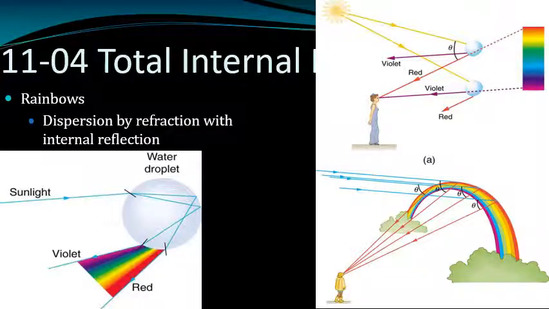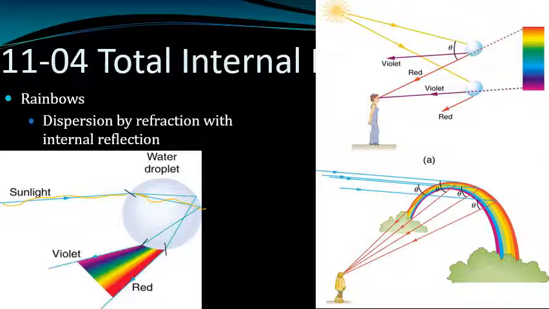A rainbow is a dispersion with internal reflection. So what happens is our sunlight comes in and hits our water droplet. The violet is bent more, so it goes over here.